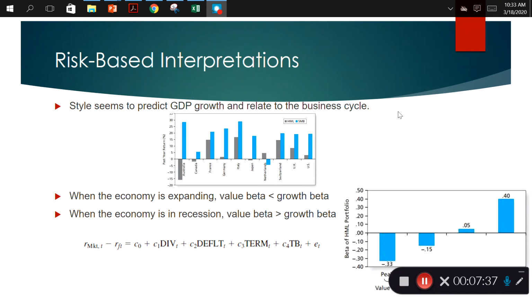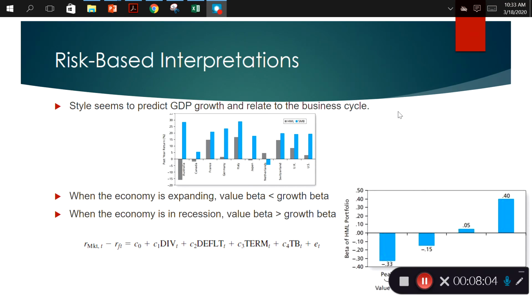We know that the economy in general grows and contracts over time in a cyclical pattern. So we understand that there are times of economic growth and prosperity, and then there are times of recession, and then it moves in a cyclical pattern. So this is saying that cycle may be able to be predicted by the returns from these different style portfolios, which is kind of interesting.